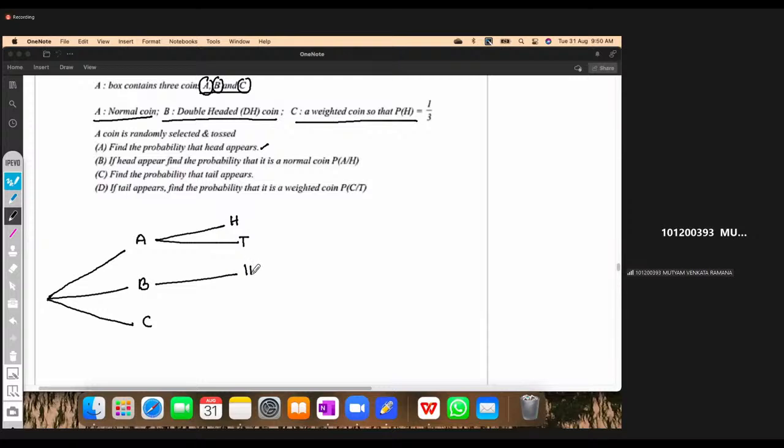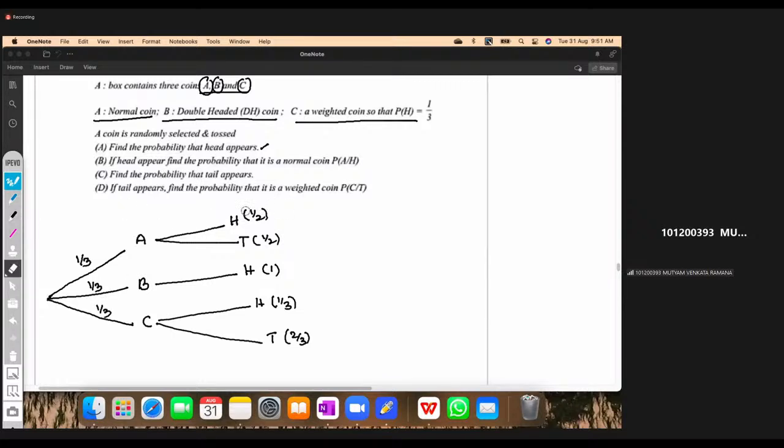B is head only. C is head or tail. So the probability of head is 1/2 and tail is 1/2 for A, the probability of head is 1 for B, and for C the probability of head is 1/3 and tail is 2/3. Each coin is selected with 1/3 probability.